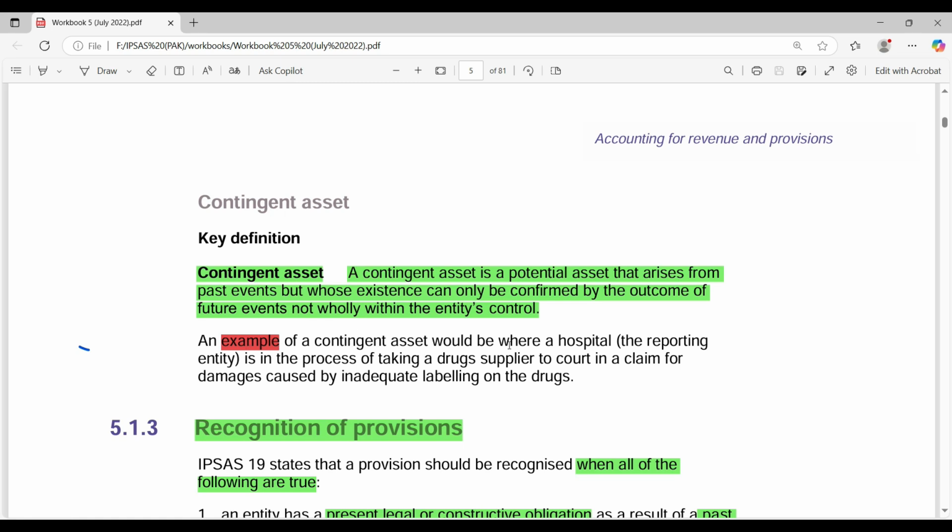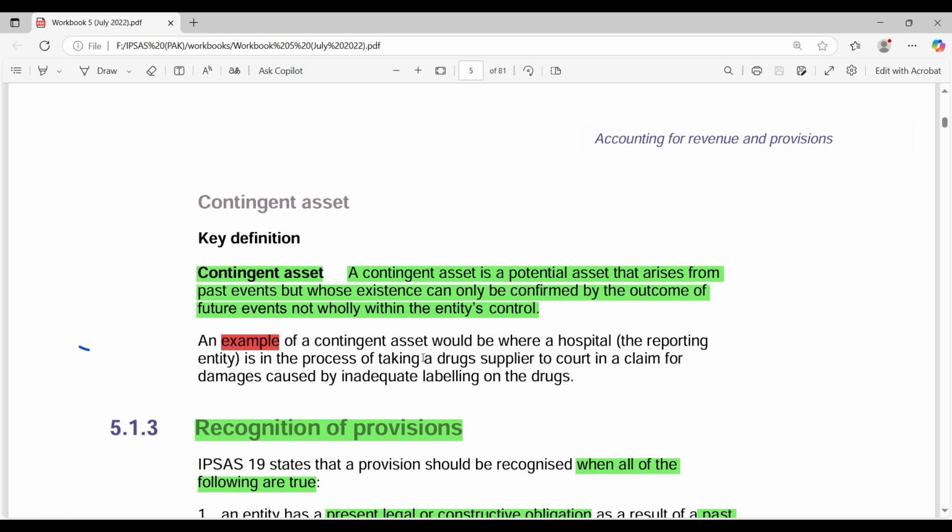a contingent asset would be where a hospital is in the process of taking a drug supplier to court in a claim for damages caused by inadequate labeling on the drugs. The decision of the court will decide whether it would be an asset of the hospital or not.